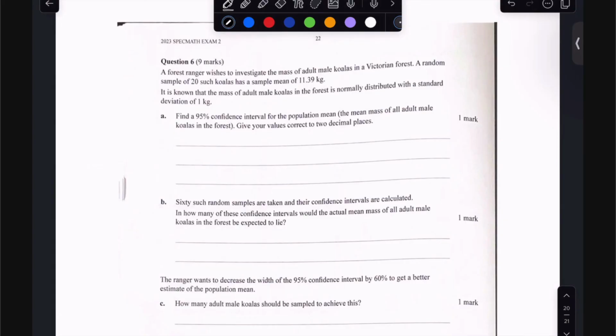So that's just x bar minus 1.96 times the standard deviation, which is 1 on square root of n, which is 20, and then x bar plus 1.96 times 1 on square root of 20. And I'm just going to chuck that on the CAS.